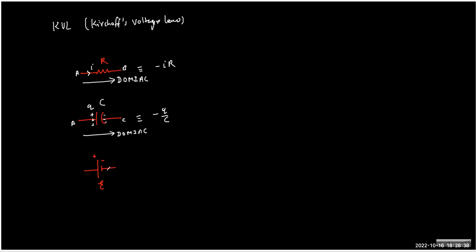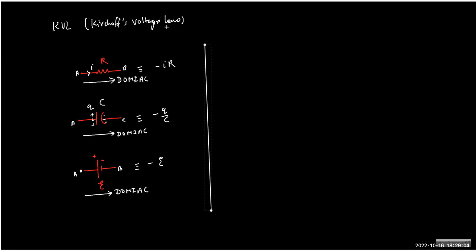So the cell has its own high and low potential. Therefore, if you go from A to B, if this is the direction of motion in the circuit, you are going from the high potential of the cell to the low potential. There is again a drop of value E. E itself is a value.